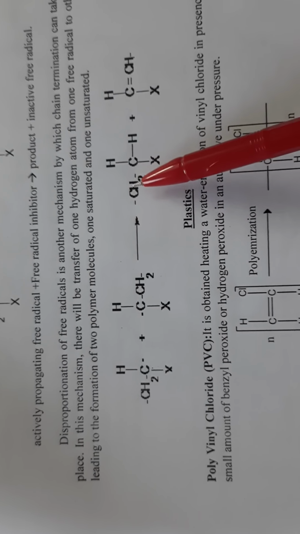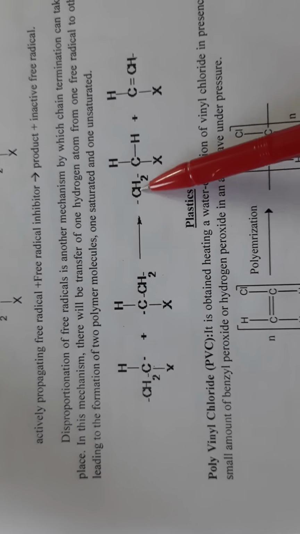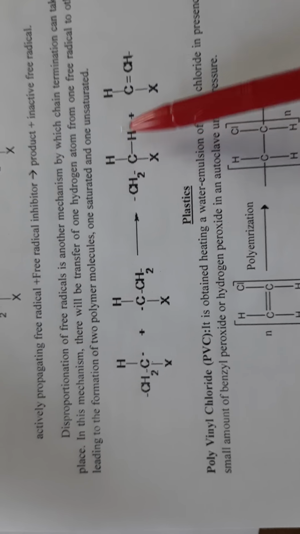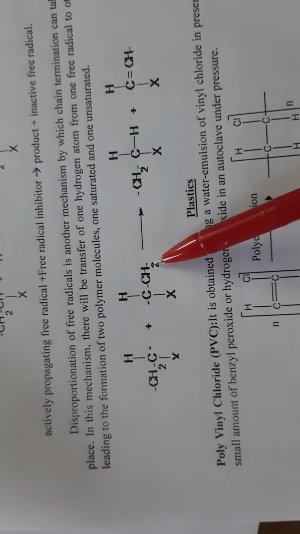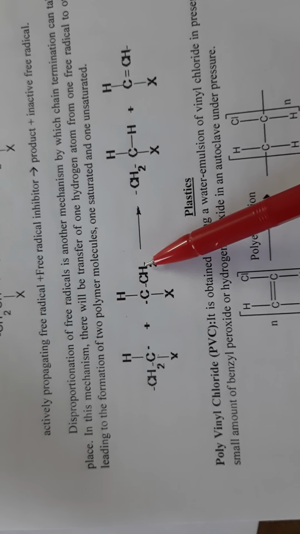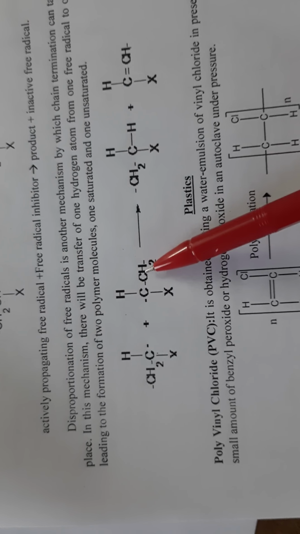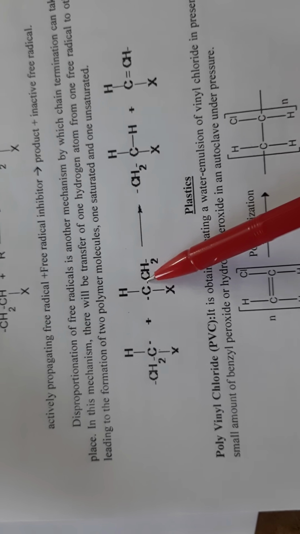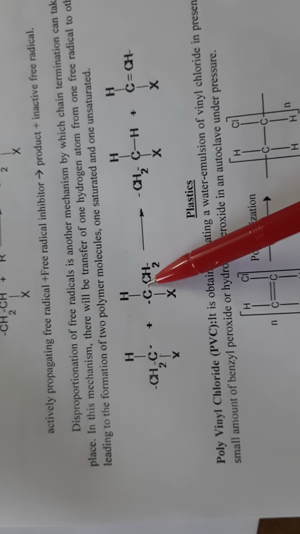Then here the one molecule is CH2CH, and one hydrogen is shifted. Then the one electron which is present between the carbon and that hydrogen will come to here and they will form a double bond.